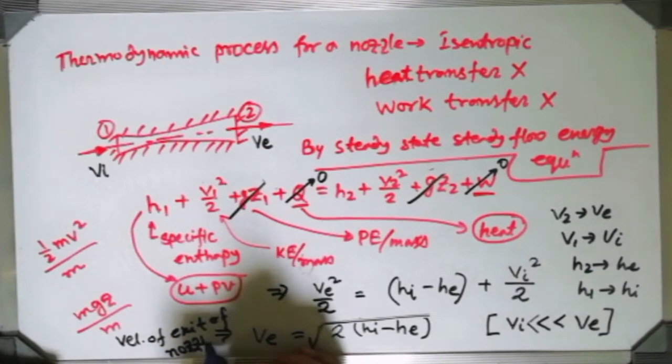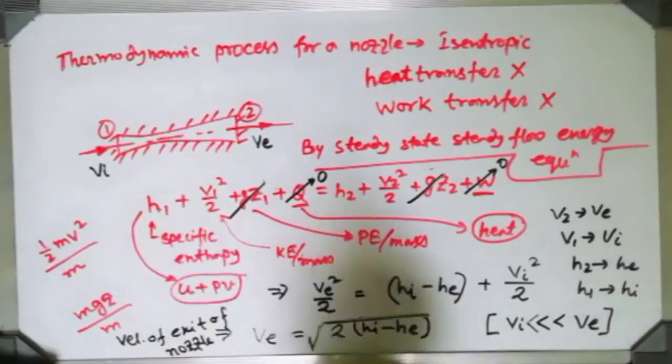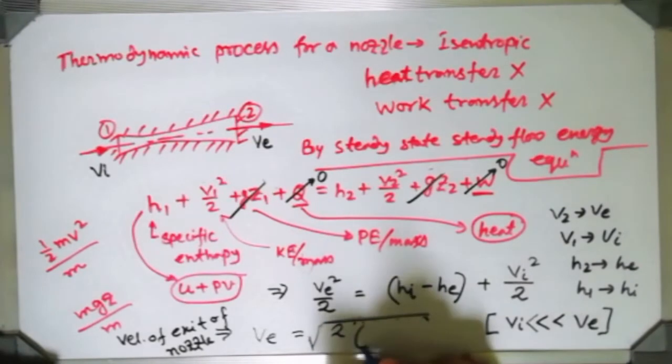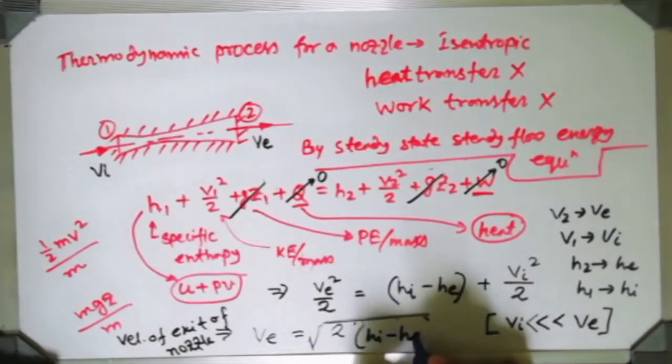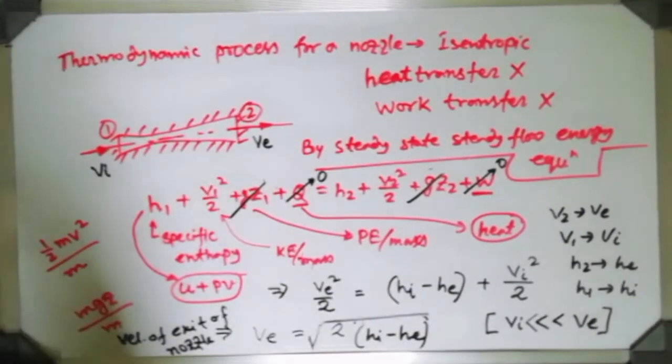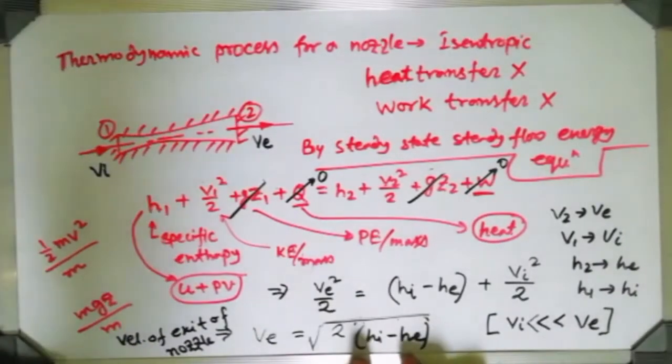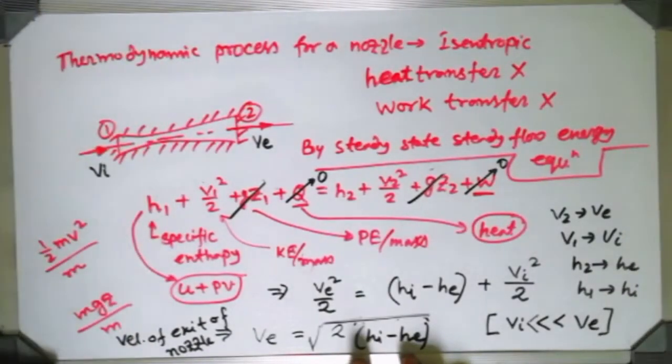Now one question can be there: sir, this HI, HE, from where can we get it? Those things can be achieved from the steam table. So from the steam table, the pressure will be given.